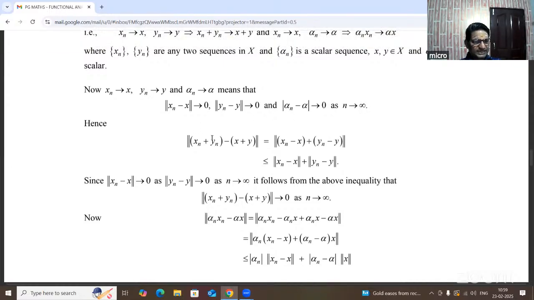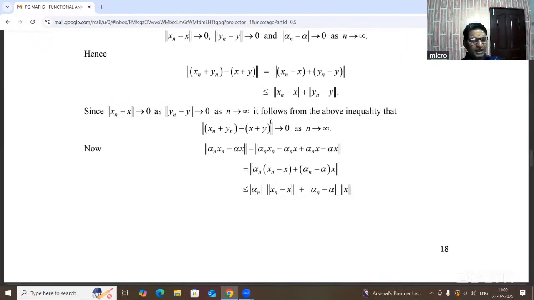So norm of xn plus yn minus x plus y equals norm of xn minus x plus yn minus y. Now from the norm condition, this is less than or equal to norm xn minus x plus norm yn minus y, by the inequality M3, the third norm condition.